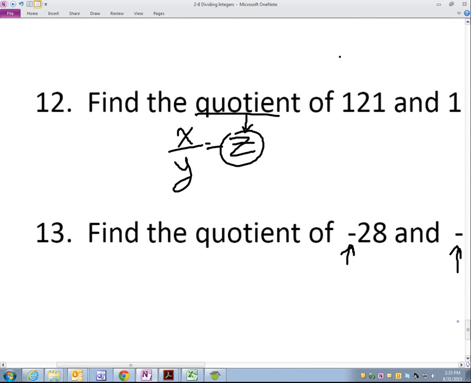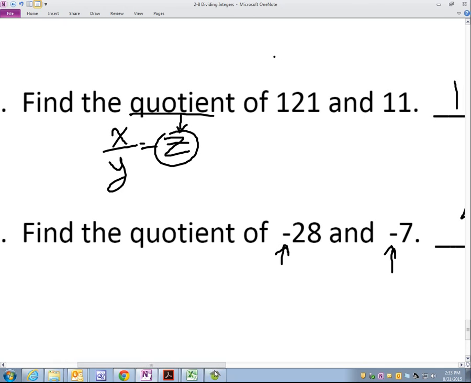Find the quotient of 121 and 11. Now, the quotient is the answer to a division problem. So, for example, x divided by y is equal to z. Z is that quotient.